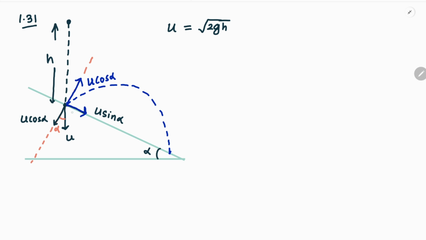So now in the problem it is asked to calculate this distance r at which it is going to rebound for the second time.